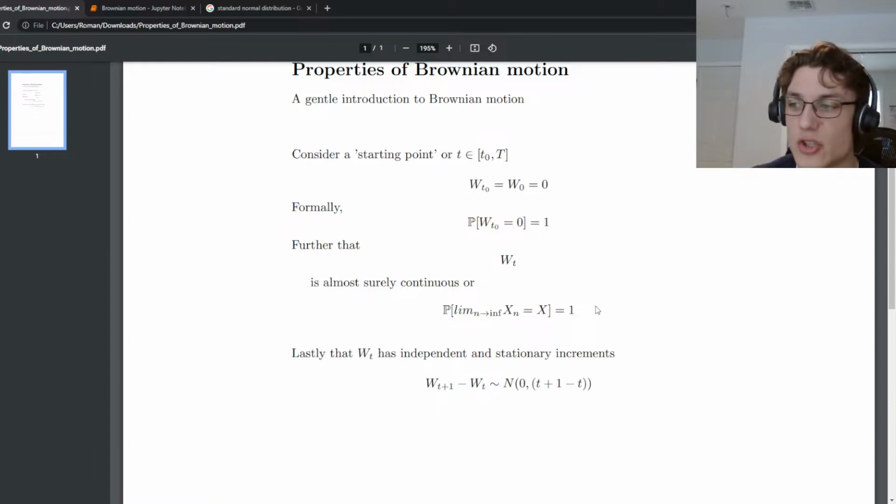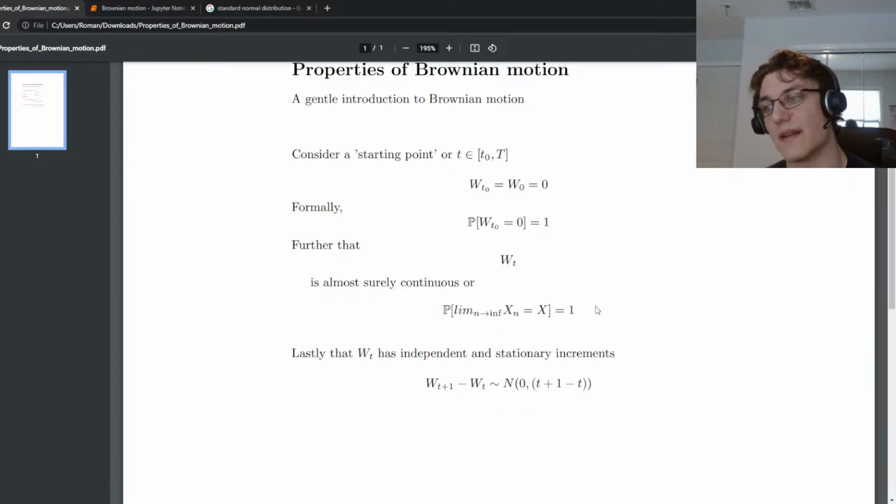Again, try not to get super caught up on the mathematics of the definition of these properties. You can just think of it as almost surely continuous. And if you really want to dive into the nitty gritty, then you can formalize the definition of what almost surely continuous is by going on math stack exchange or something.